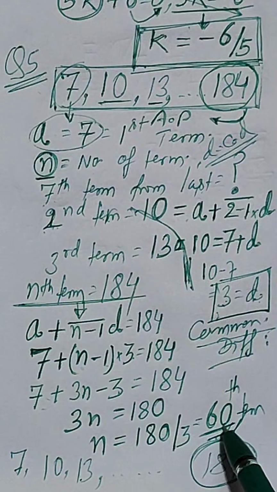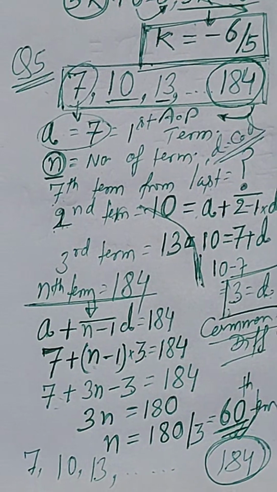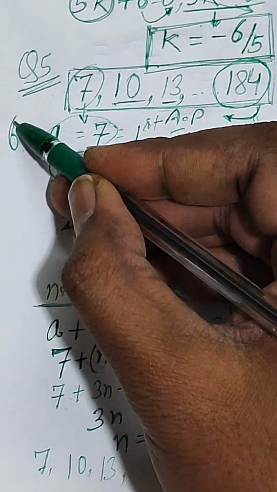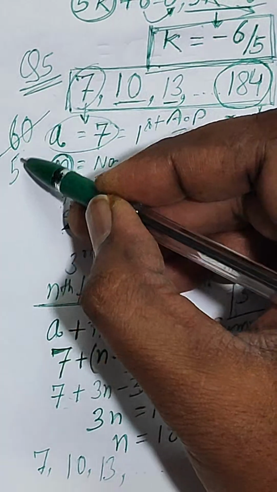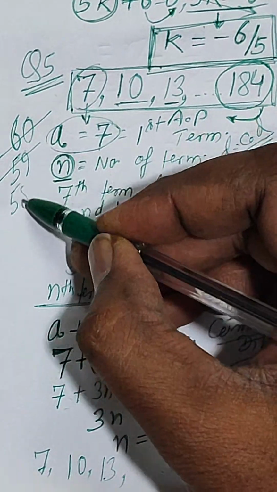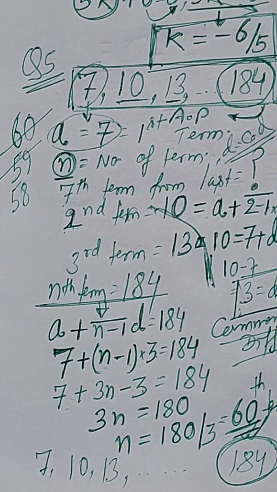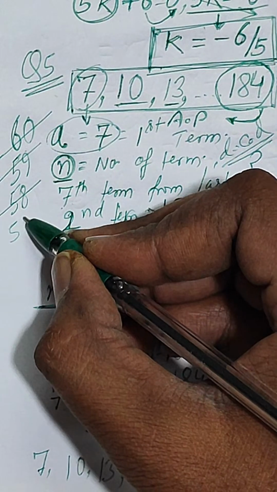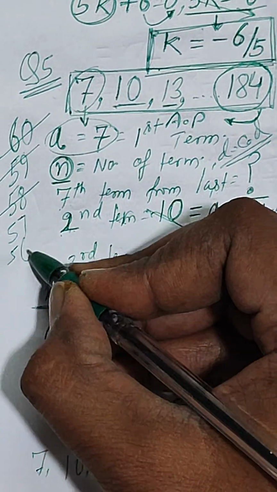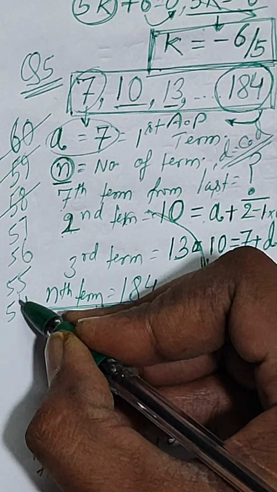What is the benefit of this? If you know there are a total of 60 terms, then what will be the 7th term from the last? 60 is the last term, 59 is the second, and so on. Just count in descending order: 58, 57, 56, 55, 54.